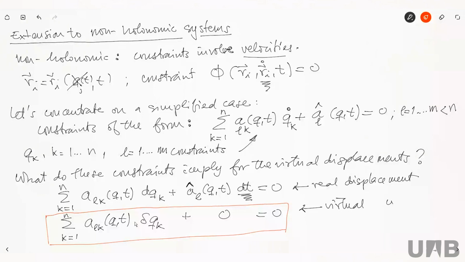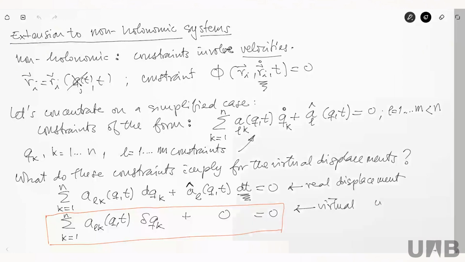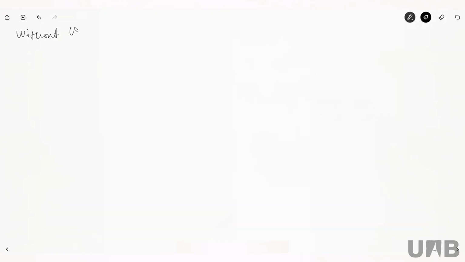Then what? Well, let's go back. If we did not have these constraints on the delta q_k, then we would know what to do, right?